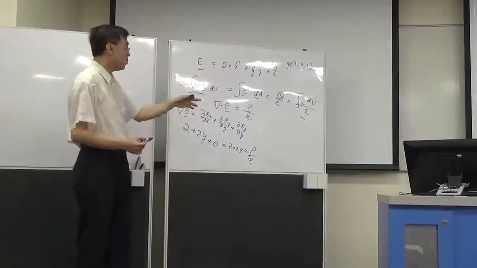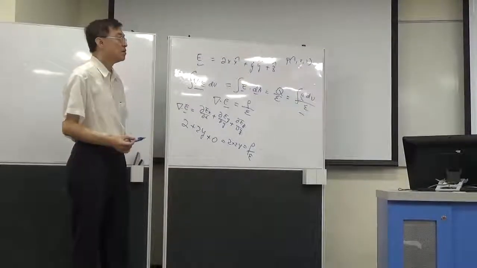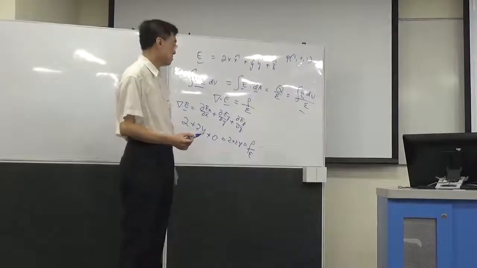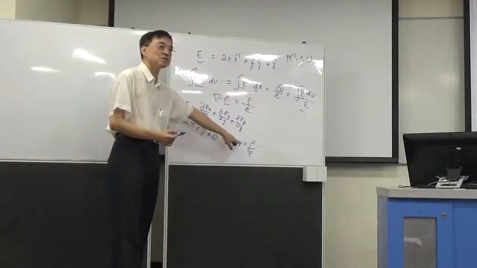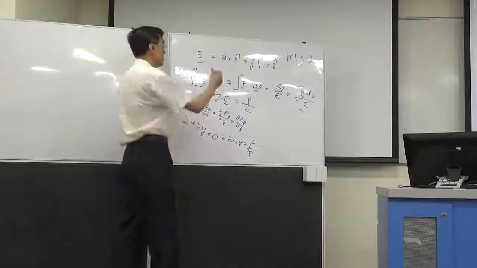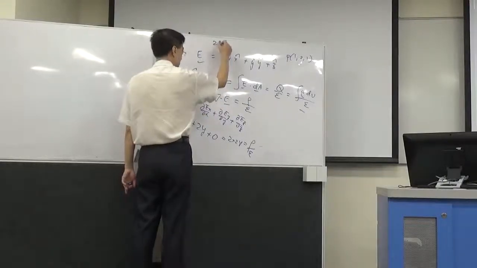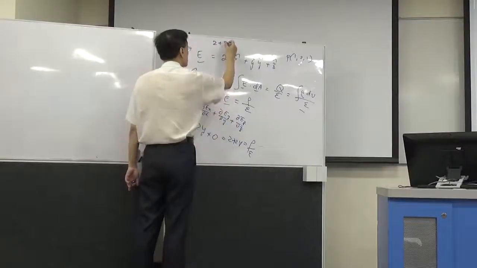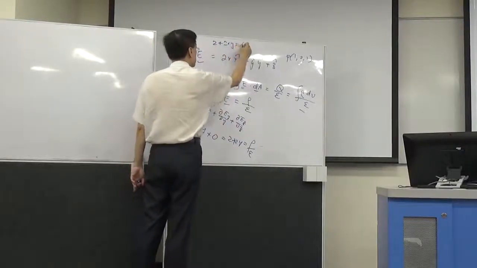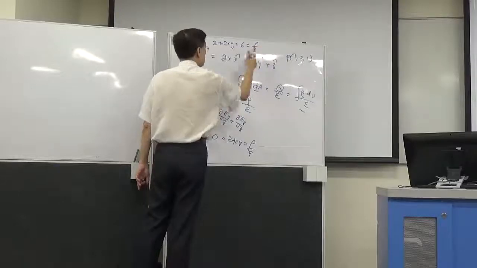At the point 1, 2, 1, what does that mean? y equal to 2, so 2 plus 2 times 2 equals 6, which is equal to rho over epsilon.